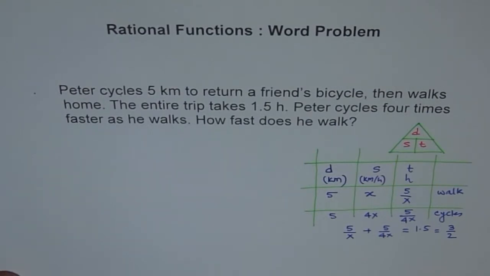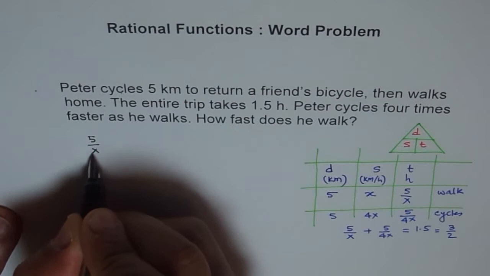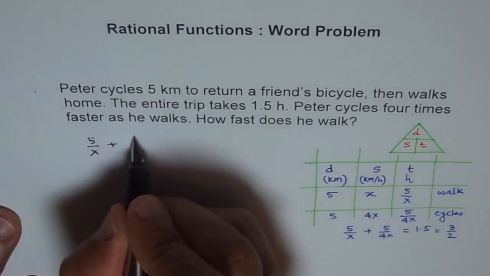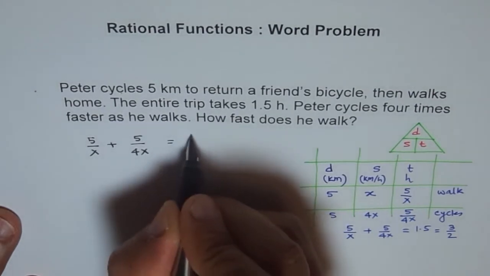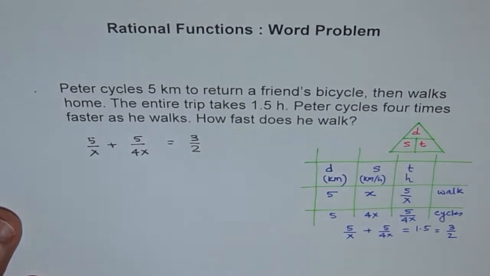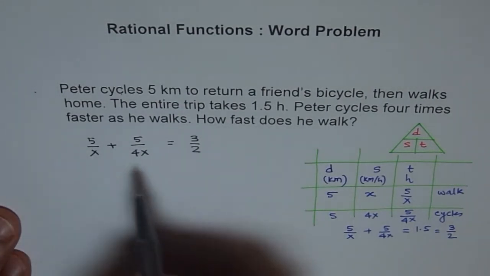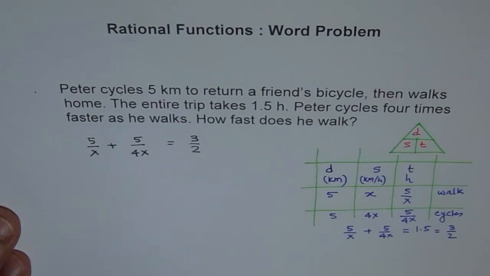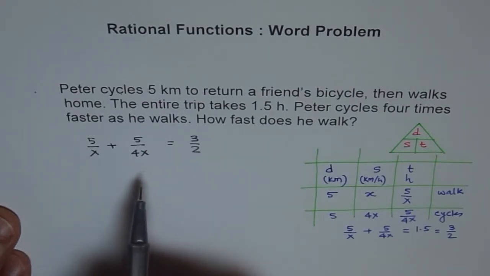Now we'll write the equation again. It's 5 over x plus 5 over 4x is equal to 3 over 2. Now when we have an equation like this with so many terms in the denominator, it's a good idea to get rid of the denominator. How can we do that? We can do that by multiplying by a common denominator.